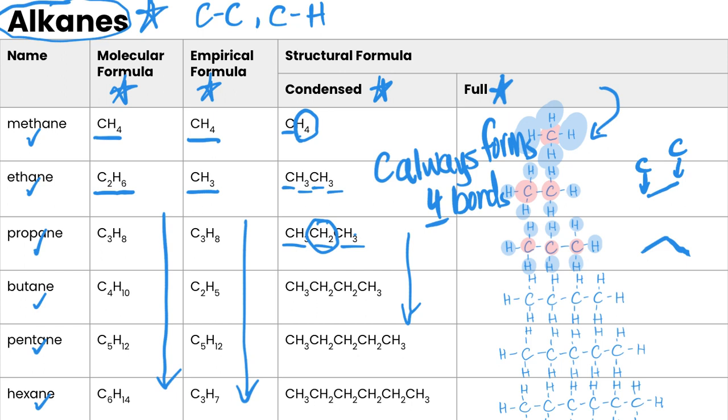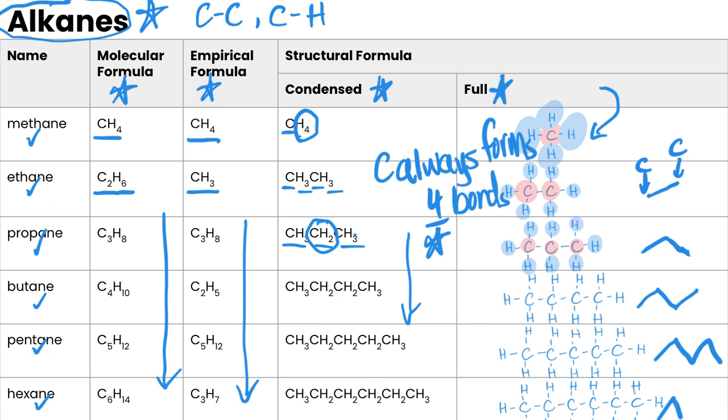So you have to know that each point of the line is a carbon atom, and then there are hydrogens attached to it to fulfill the fact that carbon always forms 4 bonds. So butane would be 1, 2, 3, 4. Then 1, 2, 3, 4, 5.